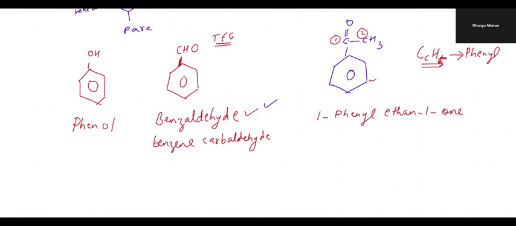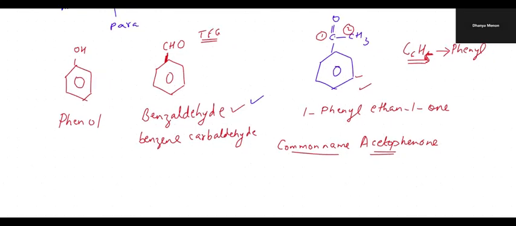But here, there is a very important common name that this compound has, acetophenone. You will come across acetophenone in some textbooks. Okay. So instead of writing the IUPAC name for this compound, they just write acetophenone. So in grade 12, you have the whole lesson on ketones and aldehydes. So you will be learning about acetophenone. So you don't have to worry about it, but just to keep you informed. Okay.